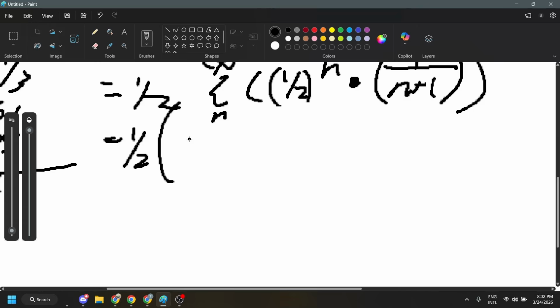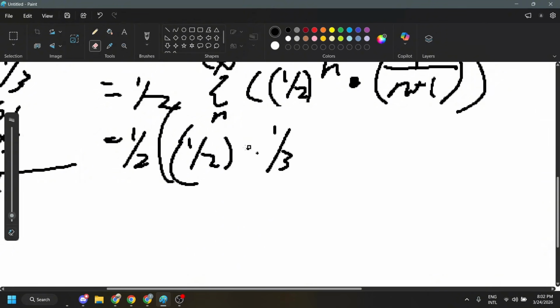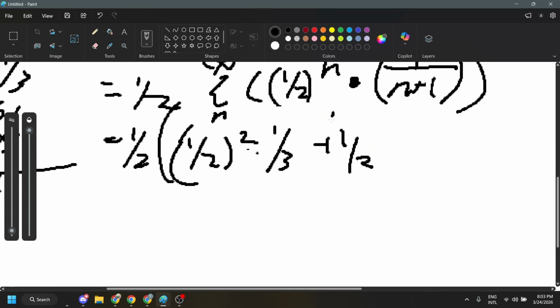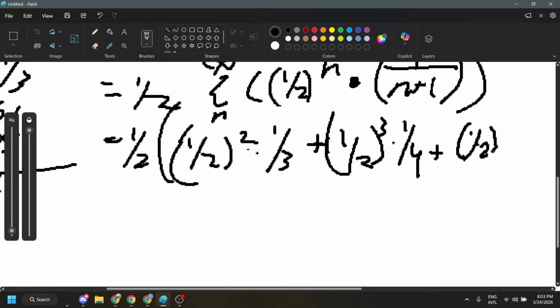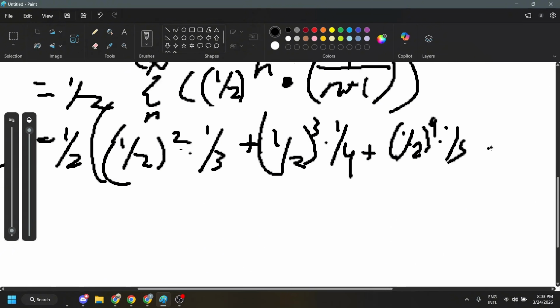So it's going to be 1/2 to the 2 times 1/3, plus 1/2 to the 3 times 1/4, plus 1/2 to the 4 times 1/5, dot dot dot.